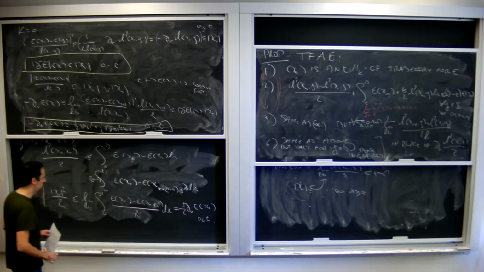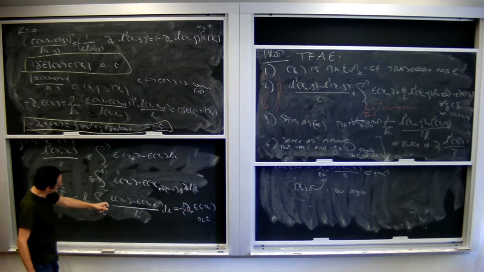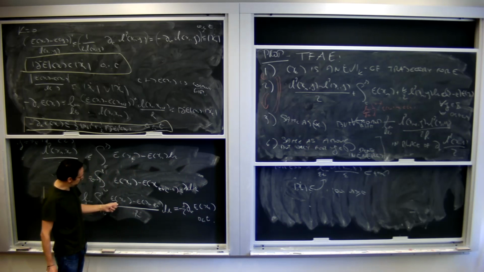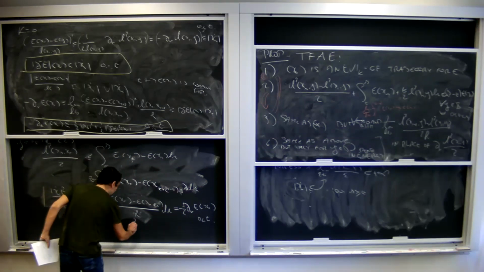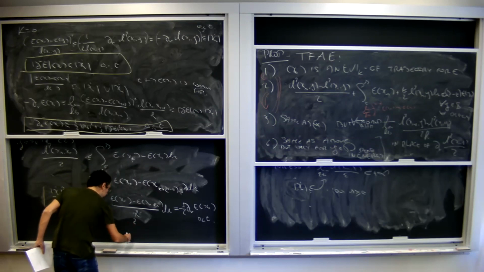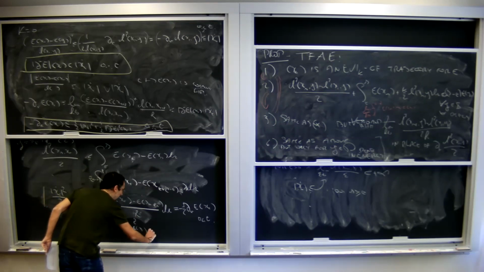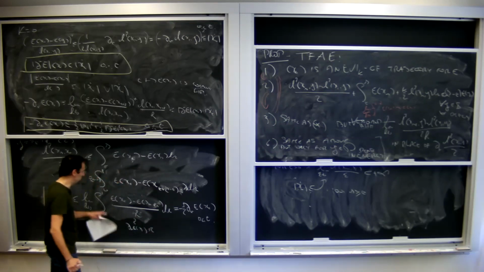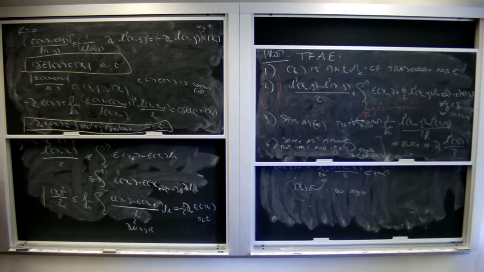The 1/2 counts because this is basically the derivative of the energy of xt times r, right? So when you integrate r from 0 to 1, you get 1/2.